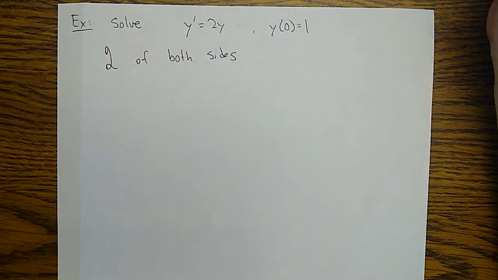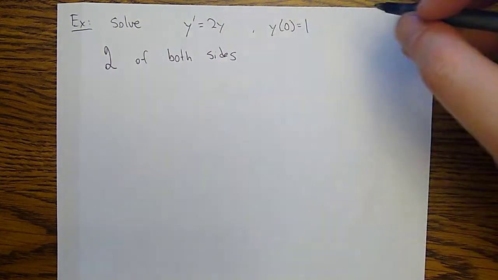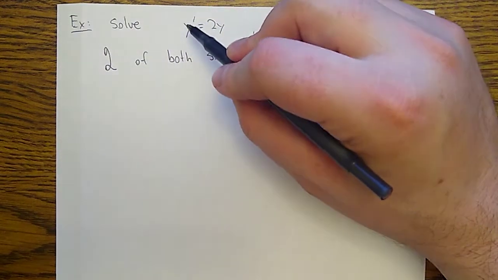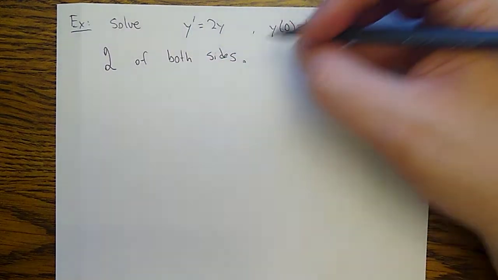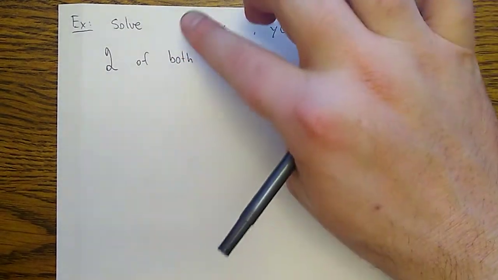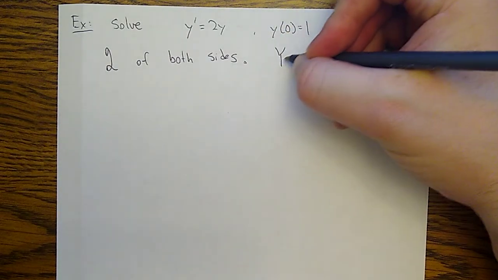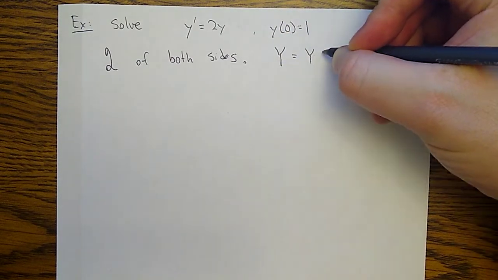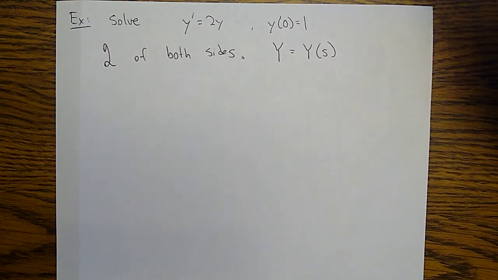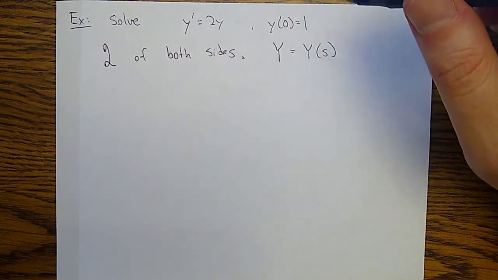I am about to do L of both sides, the Laplace transform of both sides. I'm going to use lowercase y of t as the original function, and I'll use capital Y, and capital Y is really a function of s, for the Laplace transform of little y.